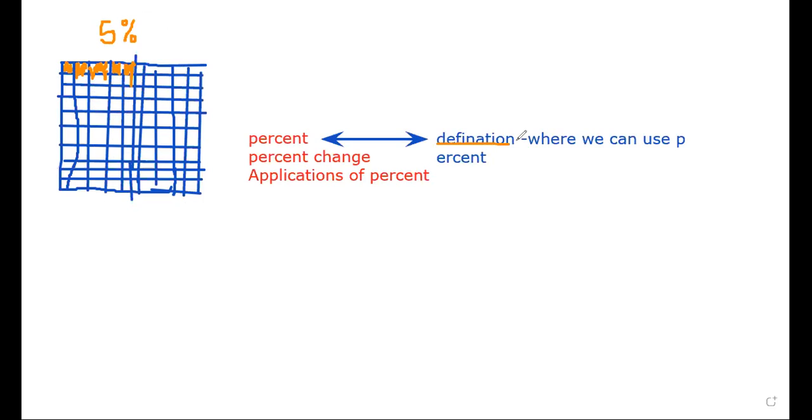So the percent is a ratio between two parts, and the second term should be equal to 100, because if I have 5% and I want to change it into a fraction, how am I going to represent 5% in fractional form, grade 7? It will be 5 over 100.